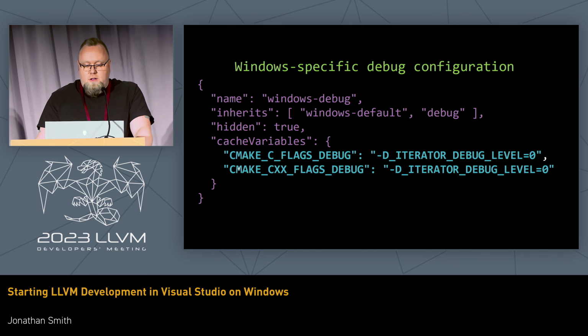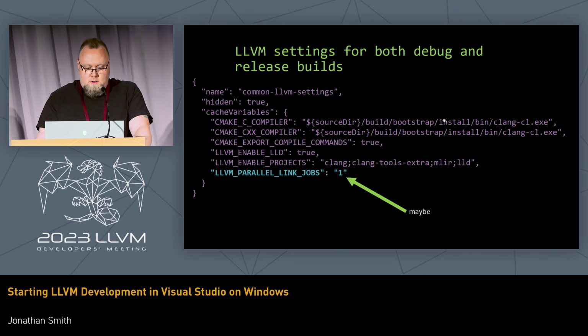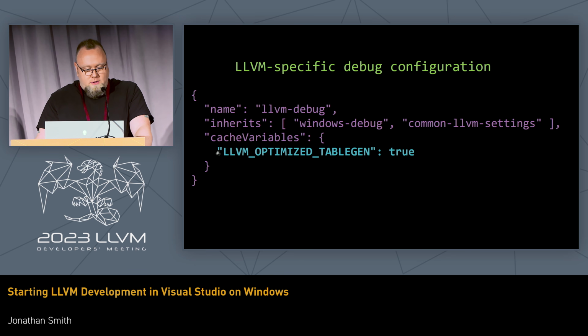Add these extra compile flags to turn off iterator debugging in the MSVC runtime. And again, maybe you might need the LLVM parallel link jobs set to 1. There it is right there. So LLVM optimized TableGen, set that to true. You will feel far less pain.